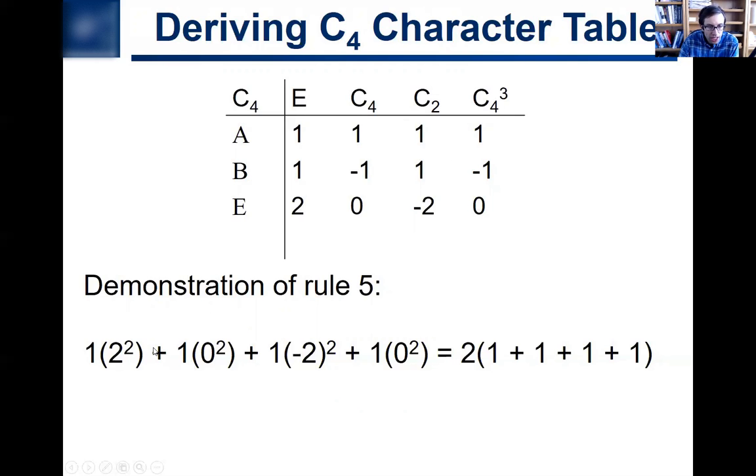There's 1 in each class. That should equal the order using a normal rule, but because this is a vector that has two imaginary components embodied in it, this value equals not 4, but 2 times 4, 8, because there's 2 components. So that's rule 5.